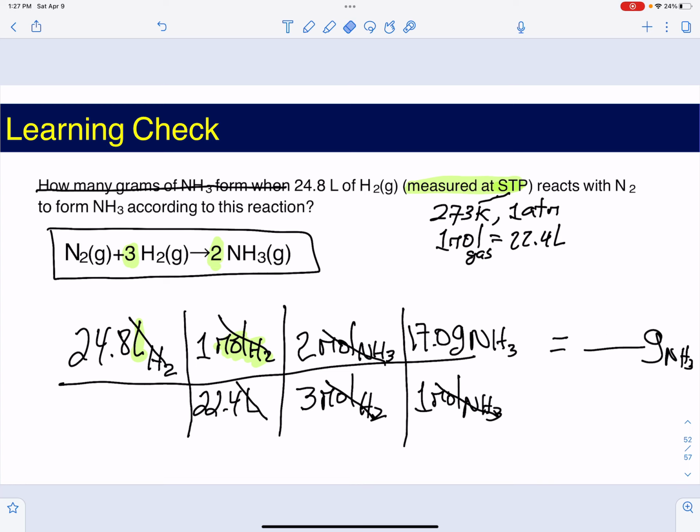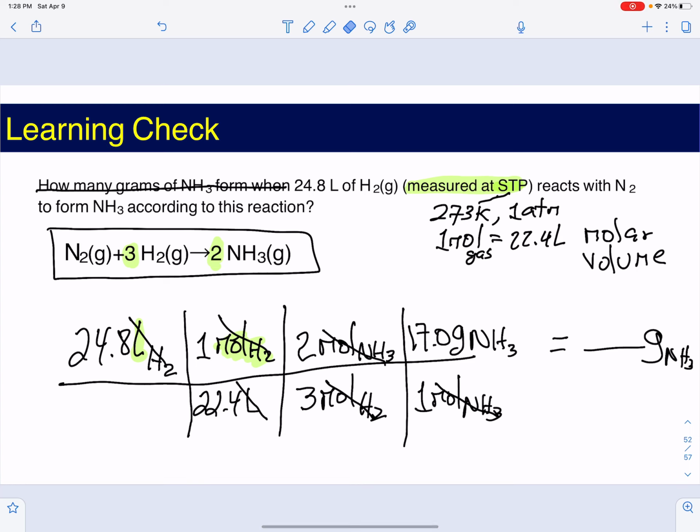so there was no need to use the PV equals nRT or the ideal gas law, because we're using the molar volume. Molar volume is the volume of one mole of gas at STP condition. So what do we get on these problems? 28.8 times 1 times 2 times 17 divided by 22.4 divided by 3 divided by 1.